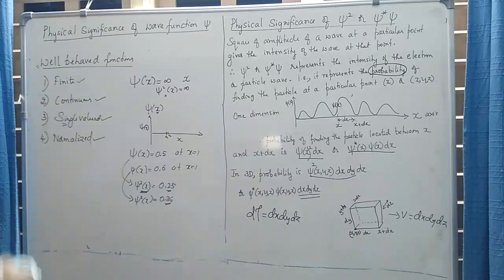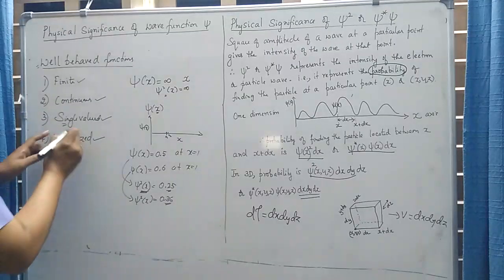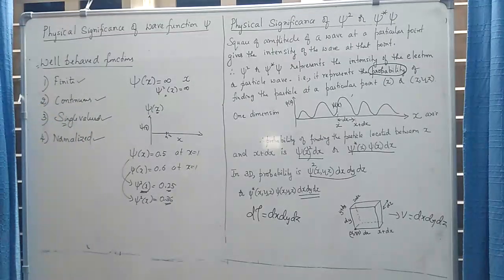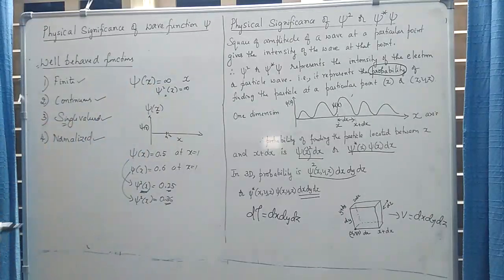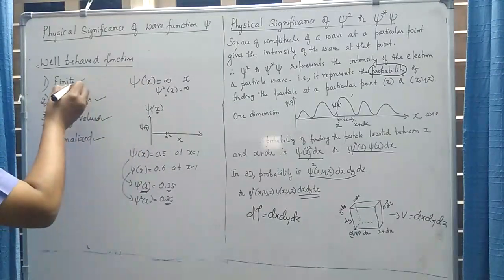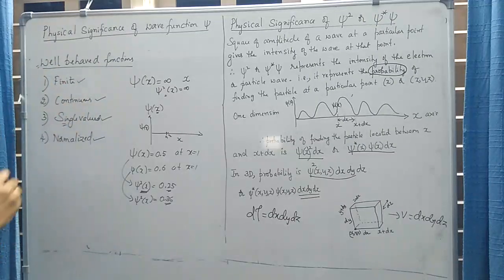So for the same position we have two different probabilities, which is not possible because there is only one probability value for a particular position x. So that is the need for a single valued function in quantum mechanics. So physically we have tried to explain why a well-behaved function should be finite, continuous and single valued.